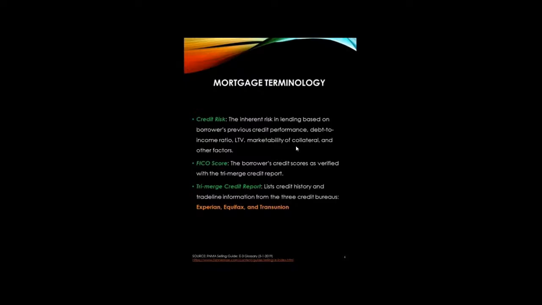So it's a rating system that these three companies use, and I'll go into what a Tri-Merge credit report is, which is a history of trade lines between all three credit bureaus: Experian, Equifax, and TransUnion. All these companies have a rating on how they're going to judge you based on how you pay your credit cards, what your balances are versus your limits, and how much debt you currently have based on the income you expressed when you applied for the credit.